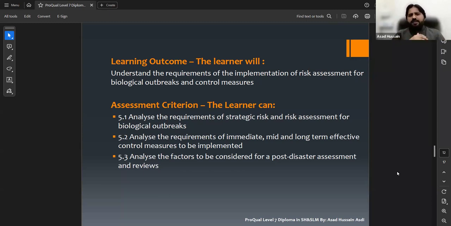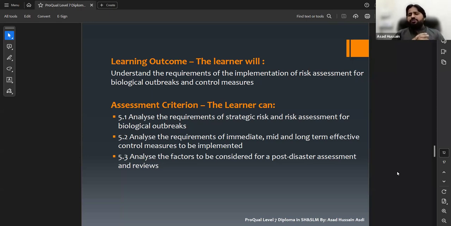So in 5.3, it is all about the factors you have to consider, that if some type of disaster happens, you should do the post-disaster assessment and review so that next time such a disaster cannot happen again at your workplace.